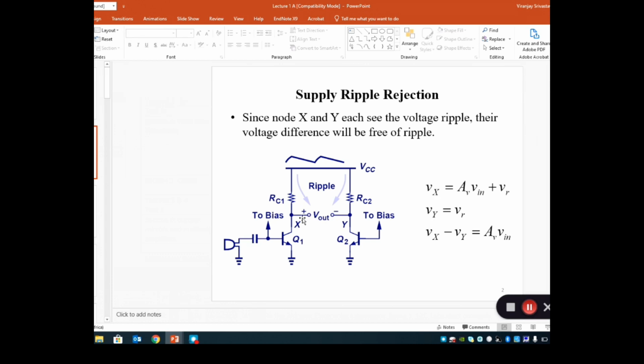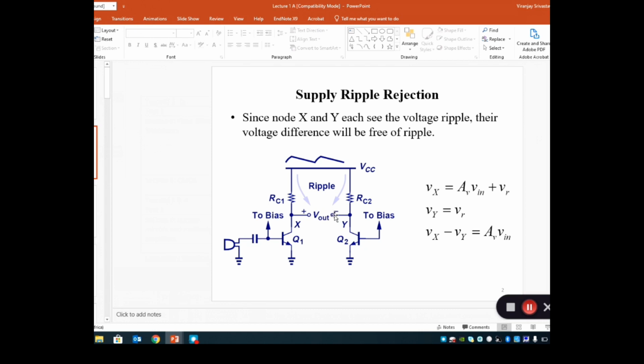For Vx at this terminal, the total output voltage will be the input signal multiplied by the amplification, which is AV, the voltage gain, into Vin, plus the other voltage coming through the ripple, known as Vr. So the formula is Vx equals AV into Vin plus Vr.